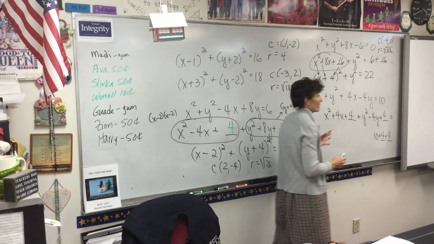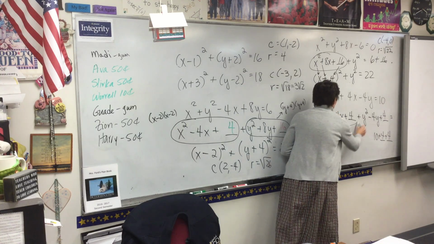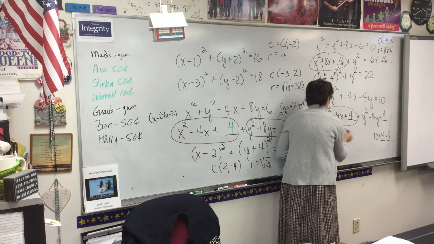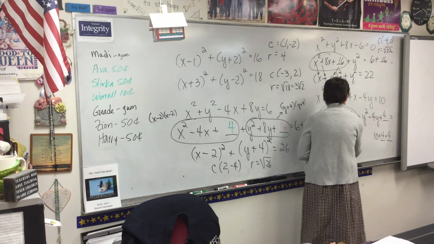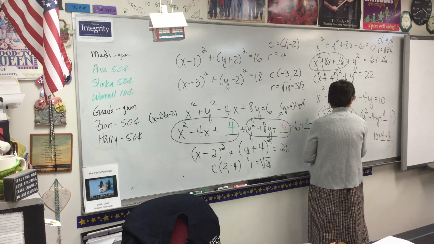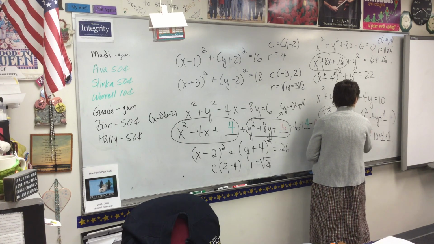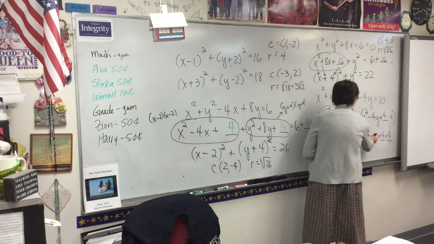It's always positive because you get it by squaring. What quantity is this? X plus 2. Plus, what quantity is that? Y minus 2. And that equals 18.